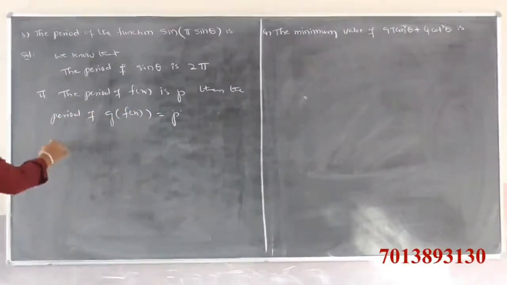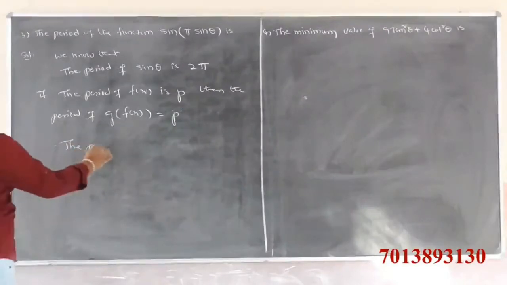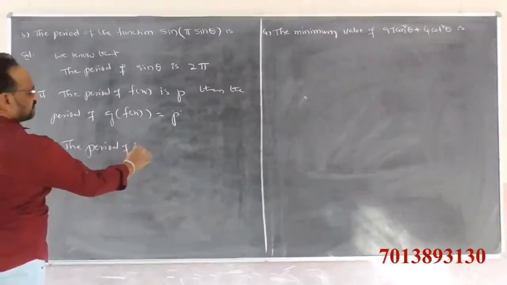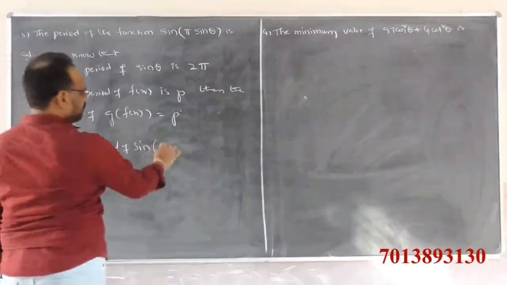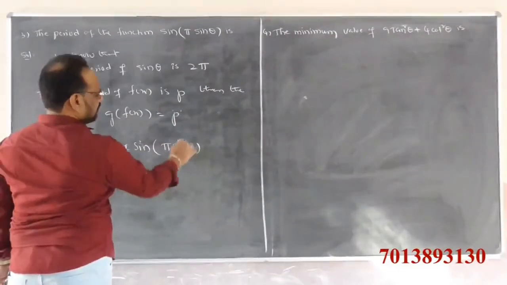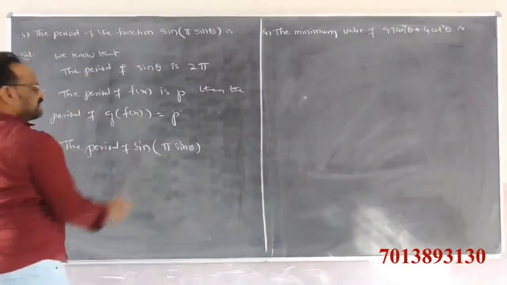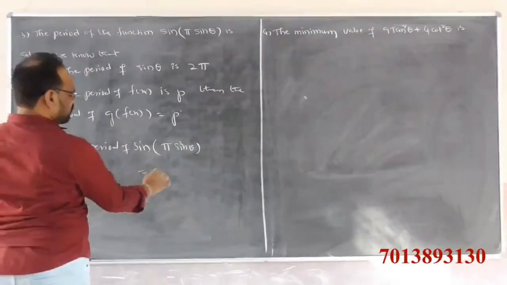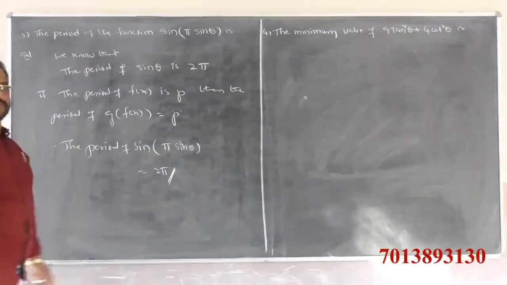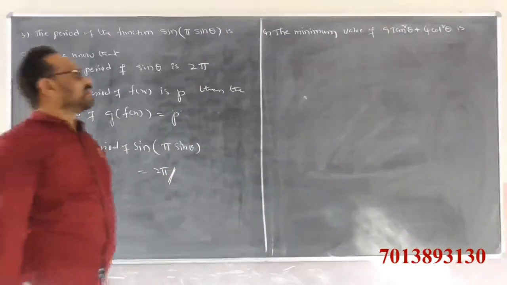So therefore the period of sin of (pi sin theta), where f of x has period 2 pi, means g of f of x also has period 2 pi.